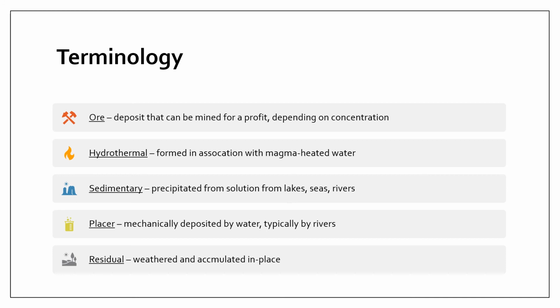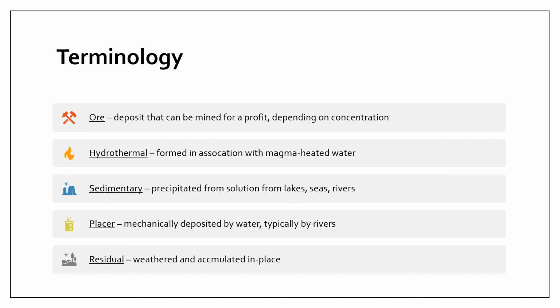And then hydrothermal is anything that is formed in association with hot water or magma heated water. And then sedimentary deposits are ones that are precipitated from solution. So sedimentary deposits are more or less chemically precipitated, like deposits from lakes, seas, or rivers.